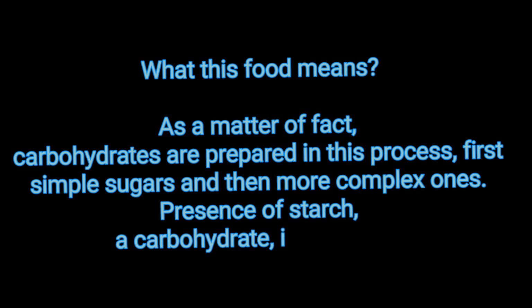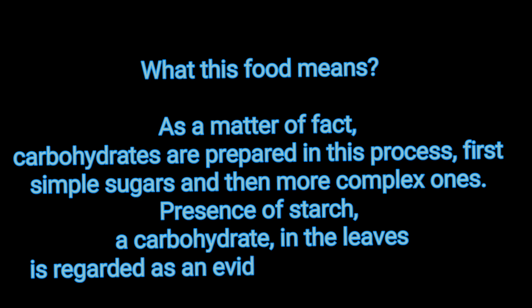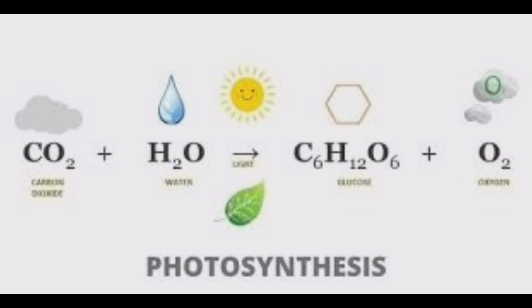The presence of starch, a carbohydrate, in the leaves is regarded as evidence of photosynthesis. Photosynthesis summarized: carbon dioxide plus water, in the presence of light and chlorophyll, gives rise to carbohydrates, meaning sugars, and oxygen gas is released.